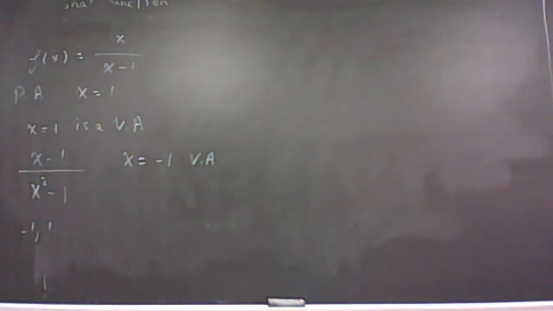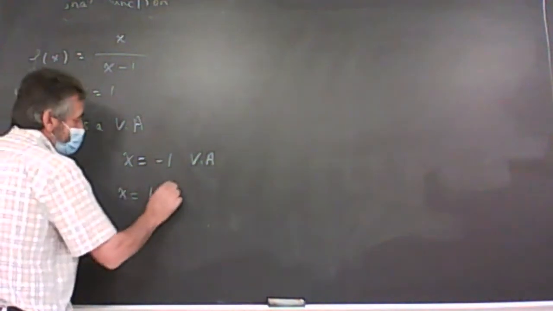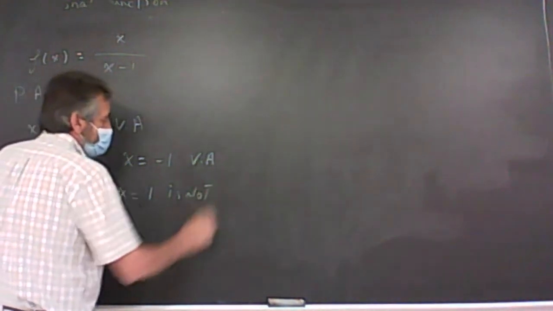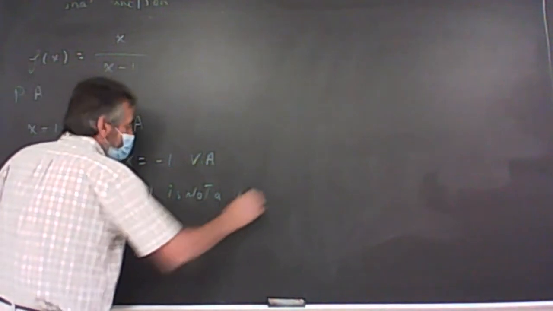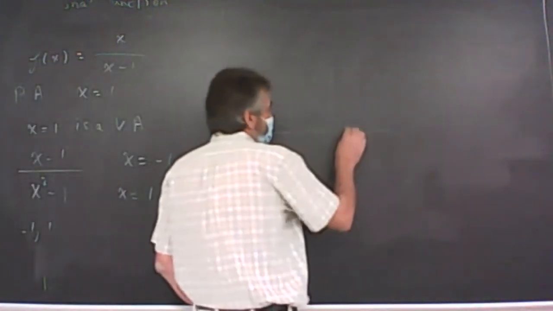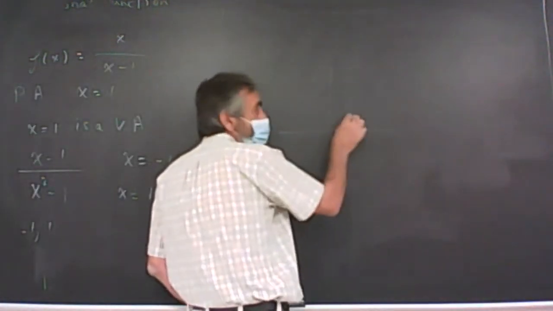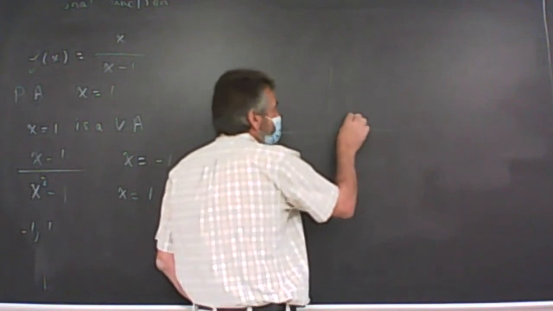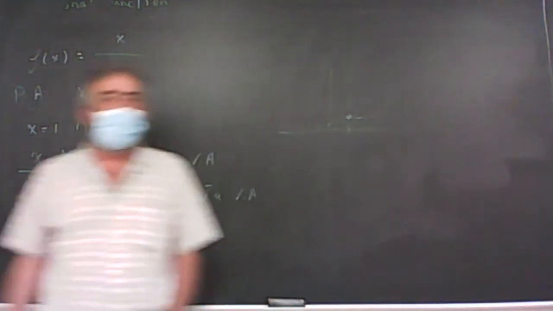That's the first one. Let's try 1. If I substitute 1 here, do I get a 0? Yeah, 1 minus 1 is 0. Then x equals 1 is not a vertical asymptote. It is simply a hole. So at x equals 1, when the graph gets to that number, it will jump, like that.